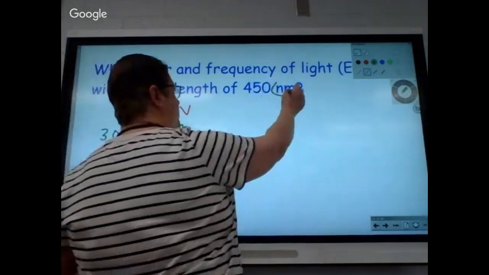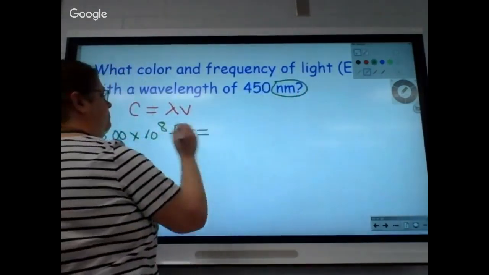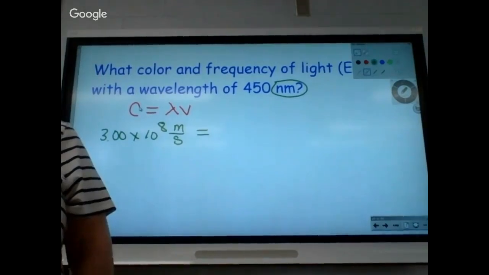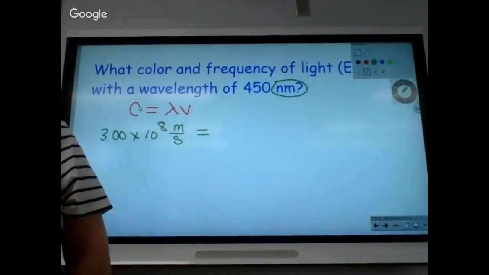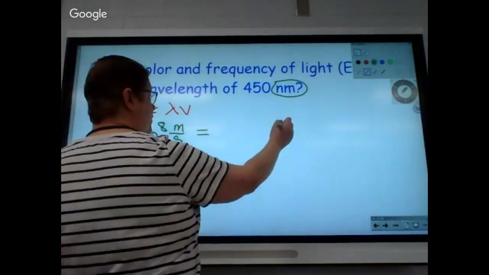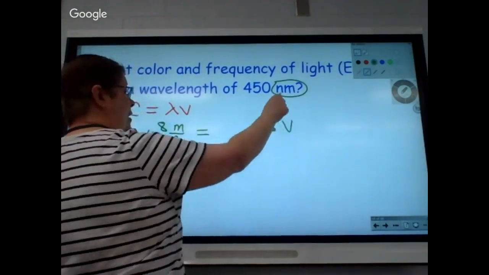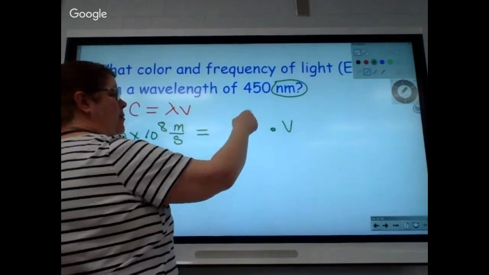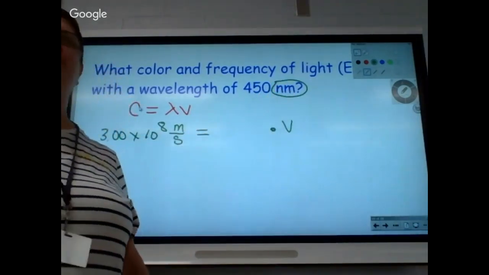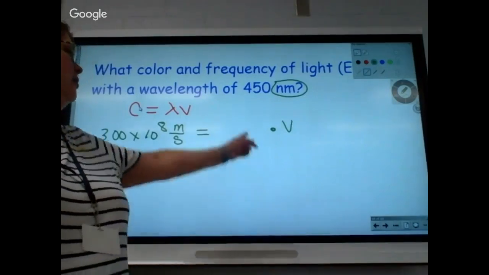Look at this unit. What is it? Nanometers. You didn't convert that to meters. You can't plug that in because it's in the wrong unit. We're looking for the frequency, but we can't put it in for our wavelength because that's in the wrong unit. So we have to change it to the correct unit before we can put it in right there.